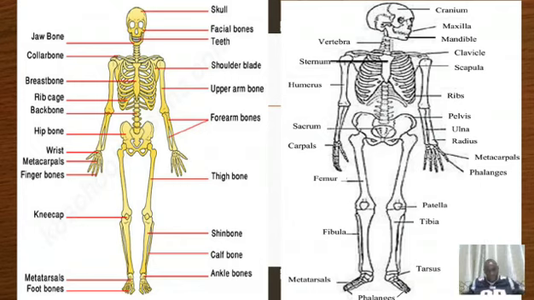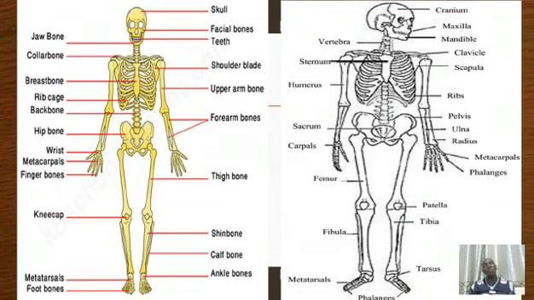Then from the waist, we have what we call the pelvis, or the bone generally called the hip bone. Then in your thigh, there is a long bone called the femur, or the thigh bone. Where the femur ends, at your knee, when you touch your knee, there is that swollen bone which feels round.